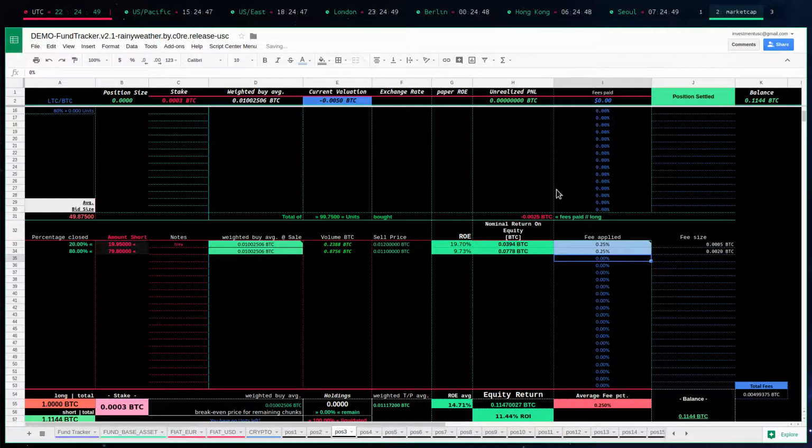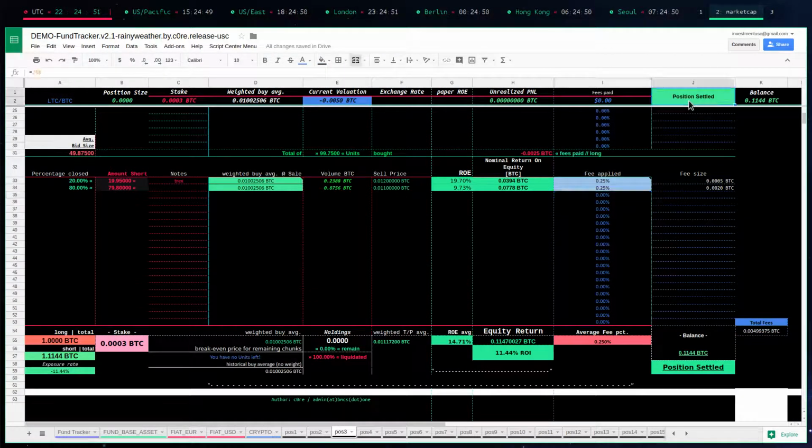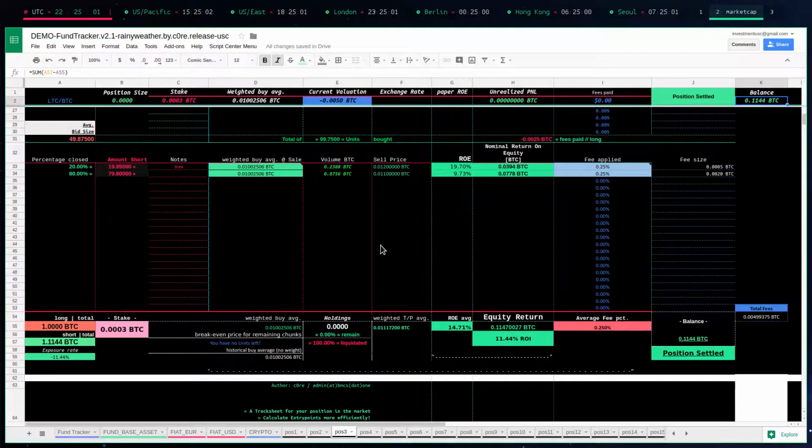Enjoy the fees again. And our position is settled with a balance of 0.0144 Bitcoin that we have gained on this complete trade after closure. This is our return of investment. This is our return on equity average, our take profit average.